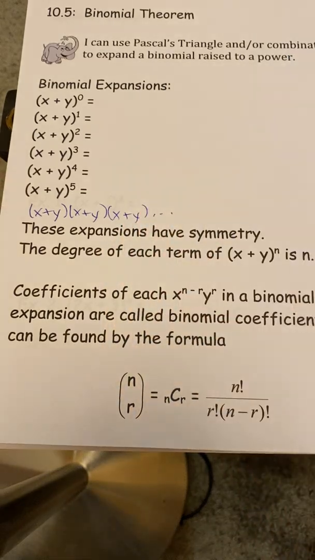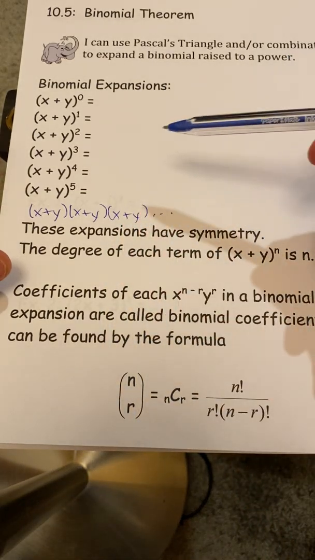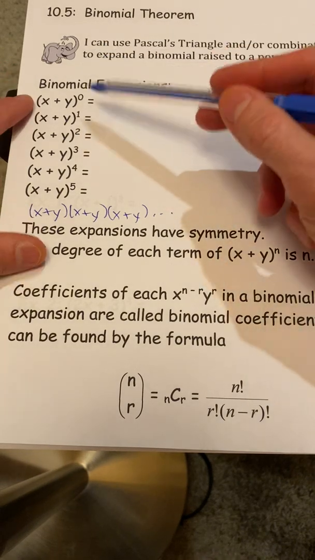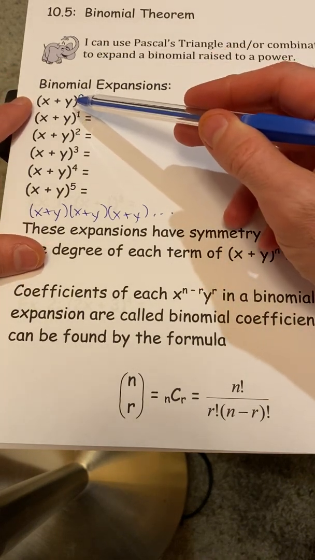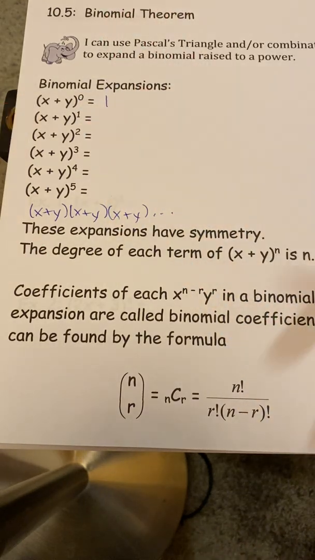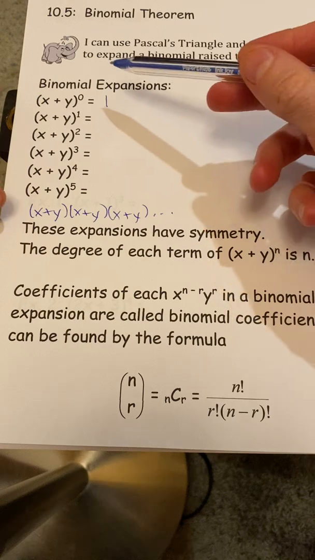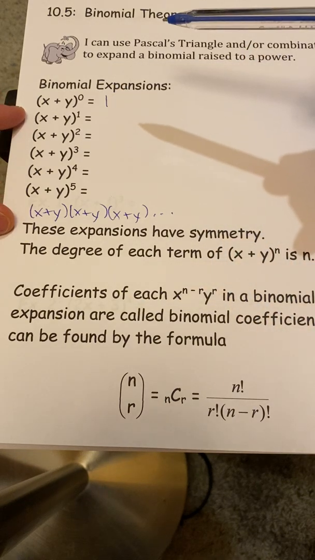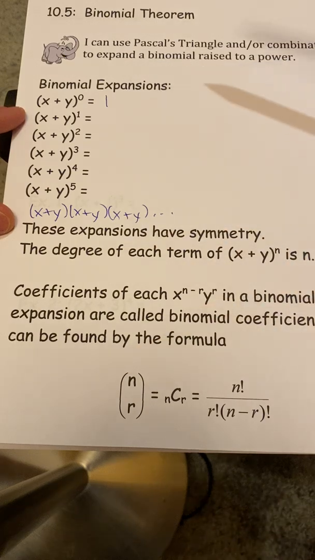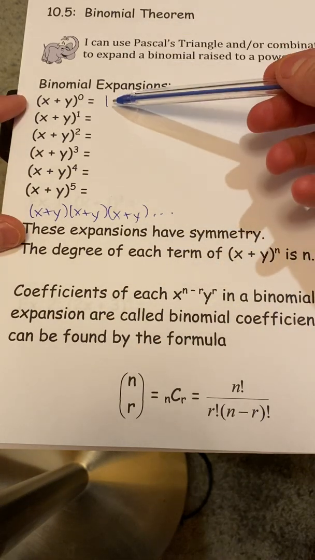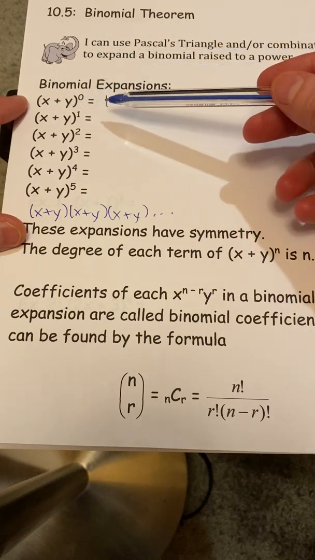As long as you're not multiplying too many of these out, that's not that big of a deal. Of course, the first one is really easy. X plus y to the 0 is just 1, because anything to the 0 power is 1. You work with that 0 power a bit in geometric sequences and series.